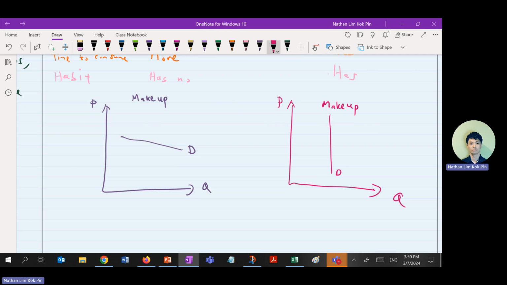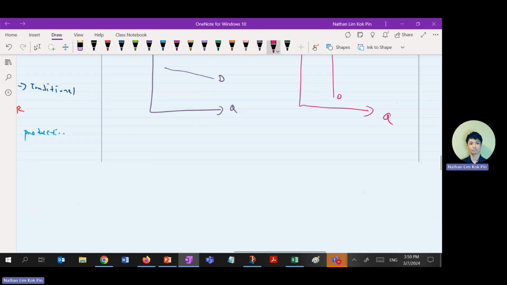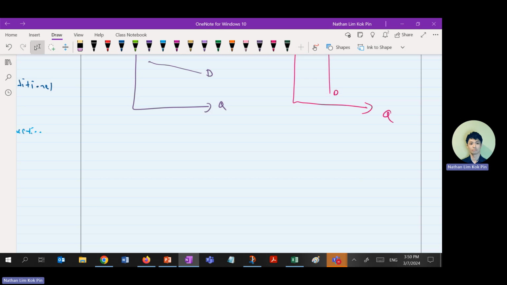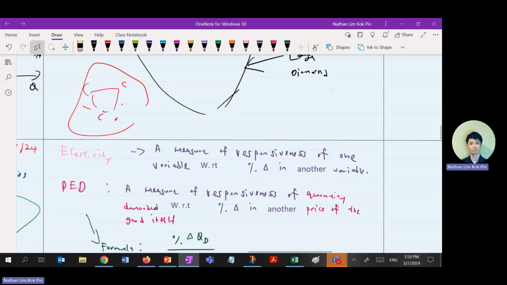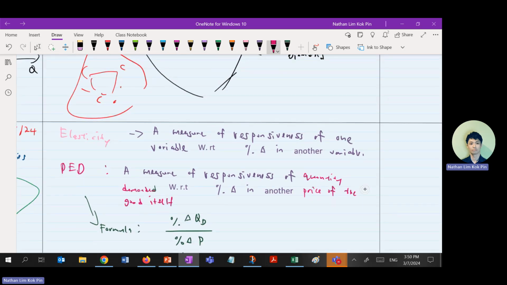Right. The last thing before our break is PES, elasticity of supply, right? Elasticity of supply, similarly, I can use this definition and I can change it to my PES definition.